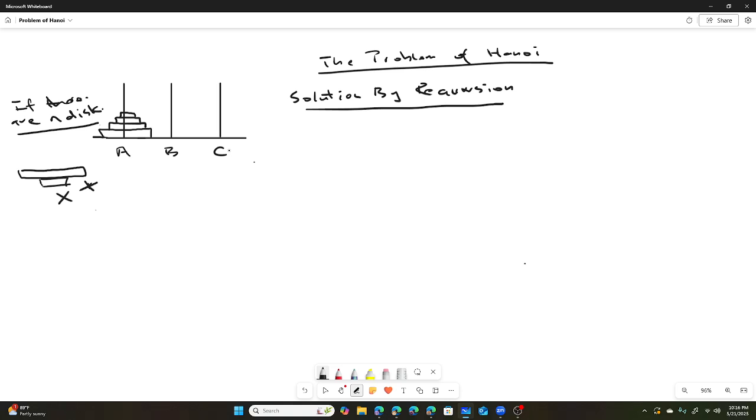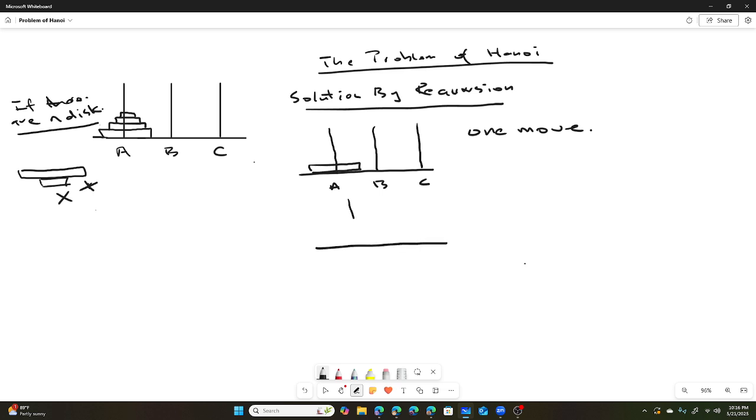So suppose that we have three pins, pin A, B, pin C. Suppose that we only have one disc. How many moves does it take to move this disc to pin C? This should be obvious. One move.